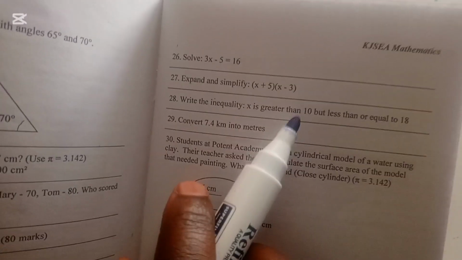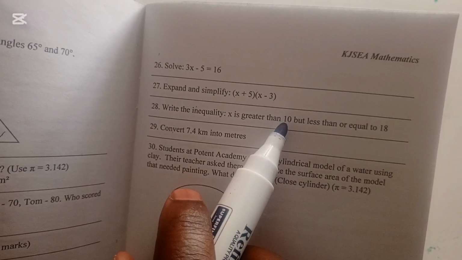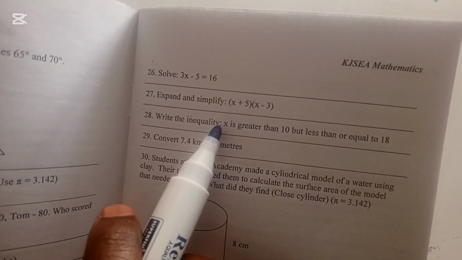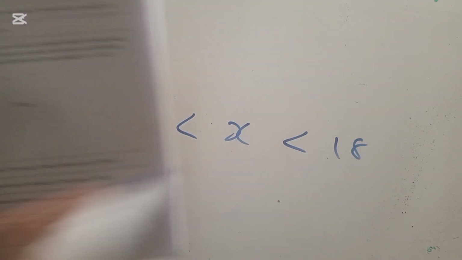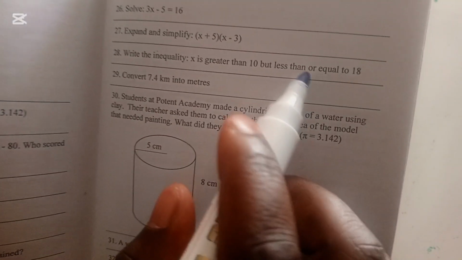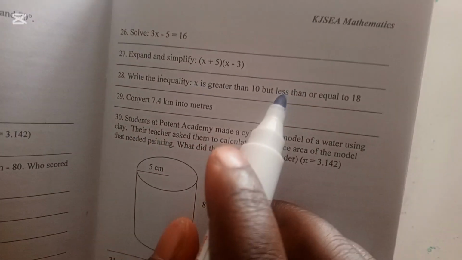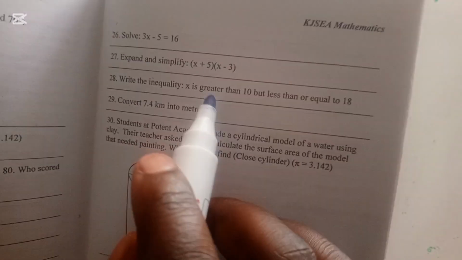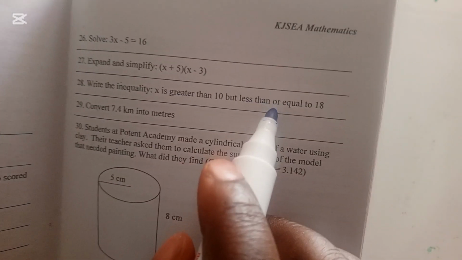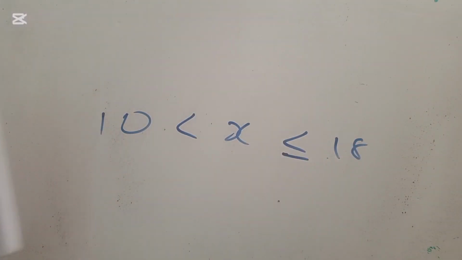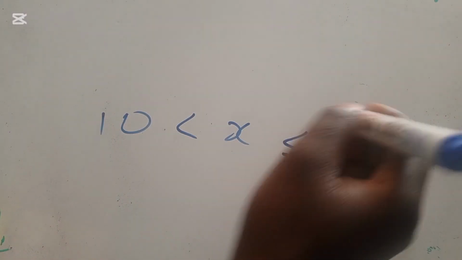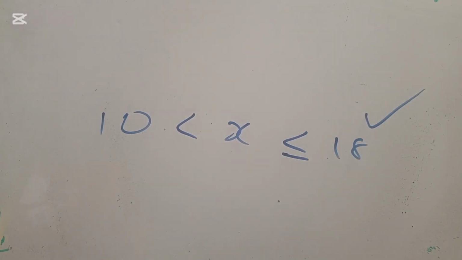So you are told x is greater than 10. If you are to read this question starting with 10, you would say 10 is less than x. So 10 is less than x. This one is correct. You are not going to add anything. On 18, x is greater than 10, but again x is less than or equal to 18. So x is less or equal to 18. There you have it. Easy, right?